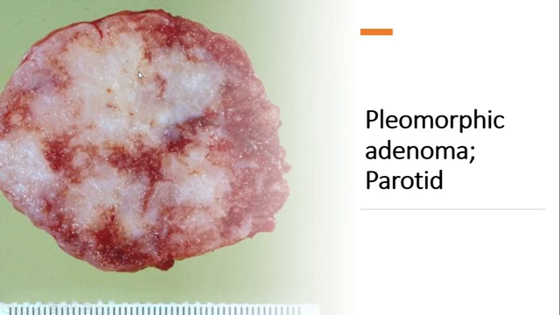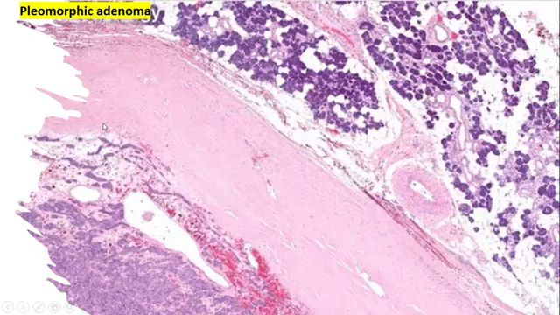Pleomorphic adenoma, another picture, areas of bleeding here, foci of vascularity within the tumor sometimes, and the main cut section is made up of chondromyxoid stromal element.